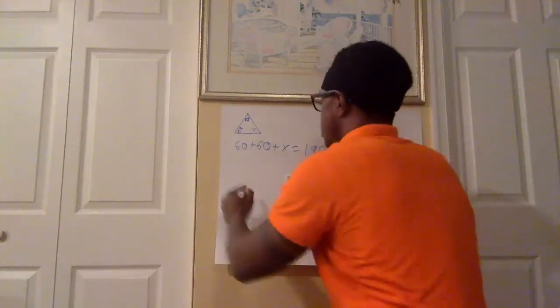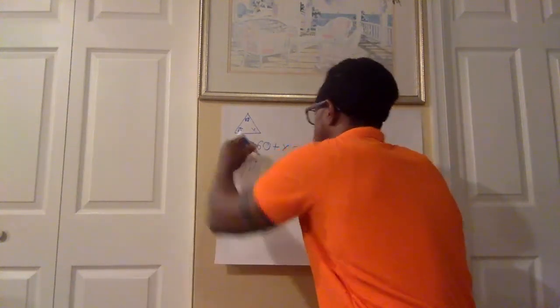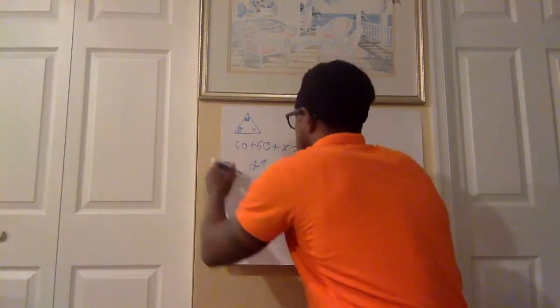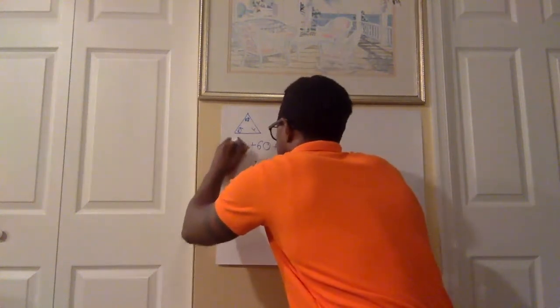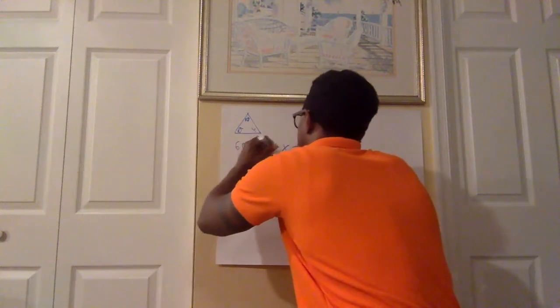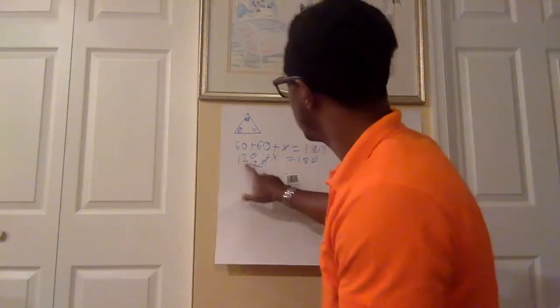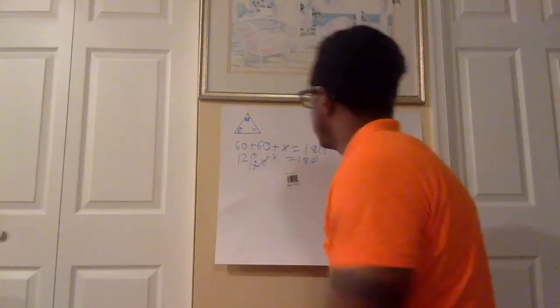So 60 plus 60 is 120. 120 plus x equals 180.